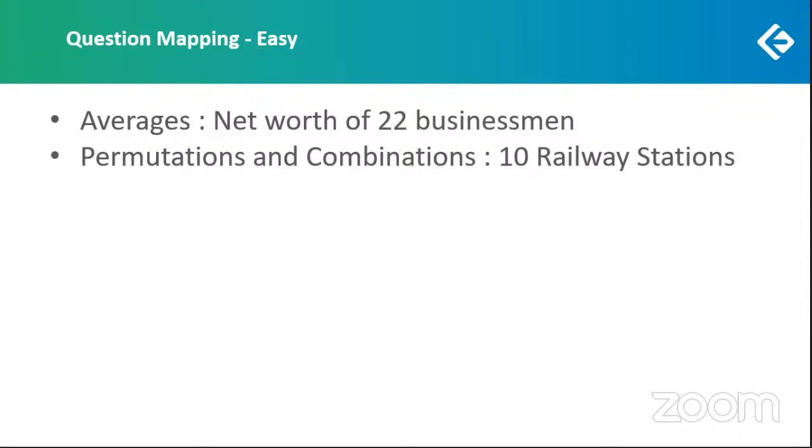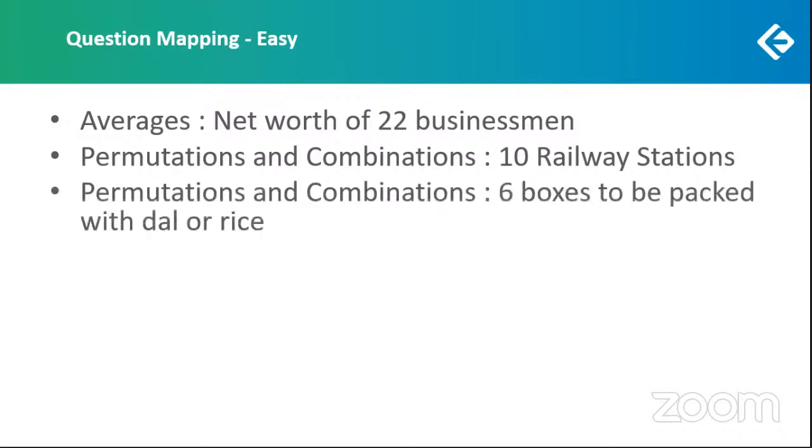The number of tickets that can be created here is 10C2. You simply need to select 2 stations out of 10, and between those 2 stations you can travel in 2 ways. Let's say you go from A to B, you always have a chance to come back from B to A. So between any pair of stations you can travel in 2 ways, so that is 10C2 multiplied by 2. That was the answer.